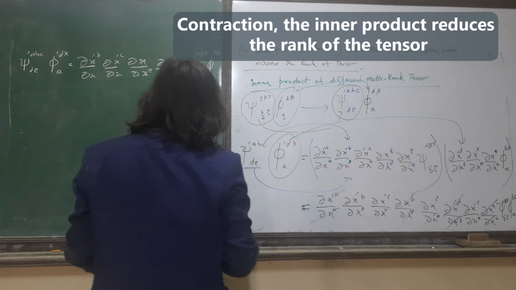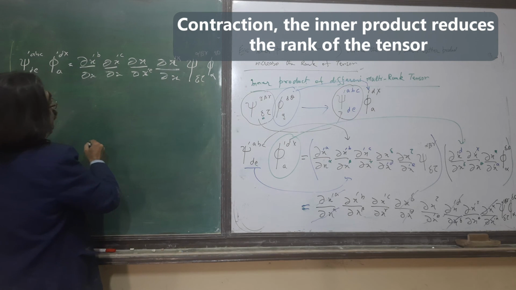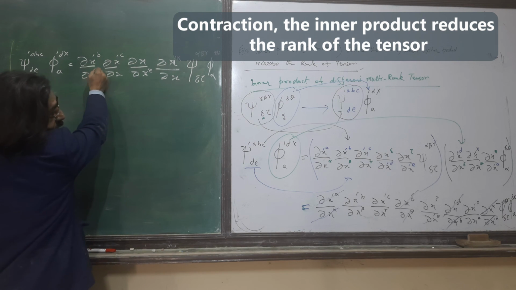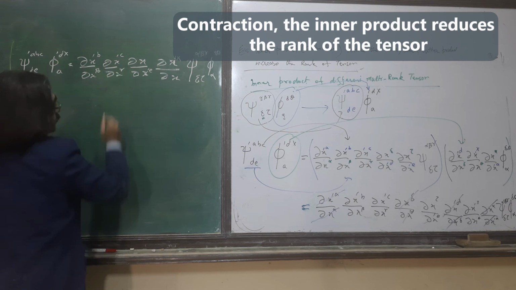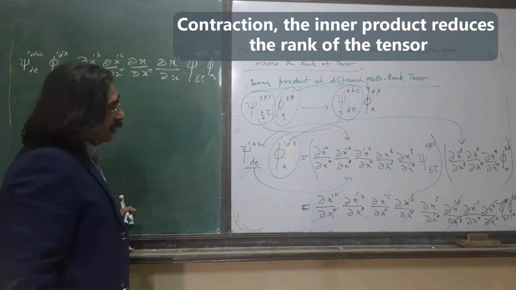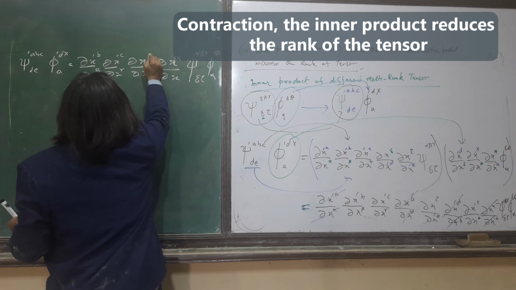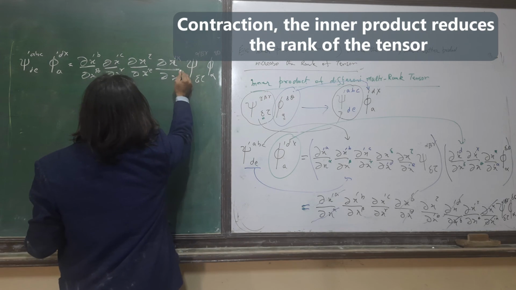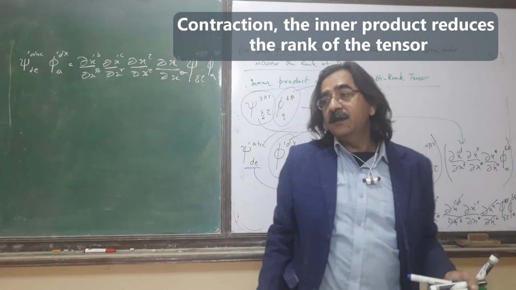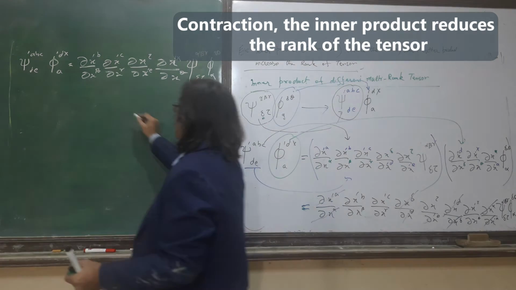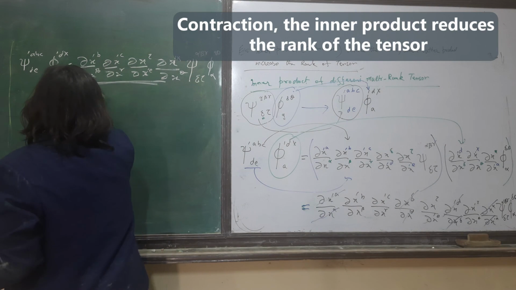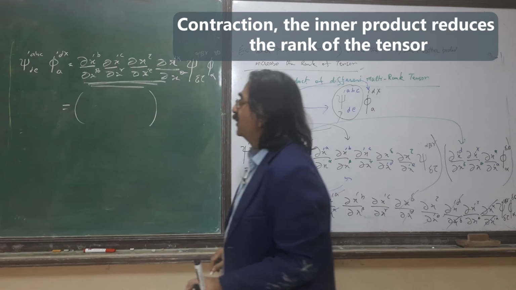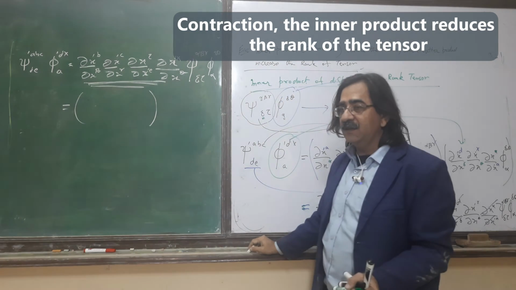Here was beta, gamma, tau, and theta. If you observe this, what is the transformation?